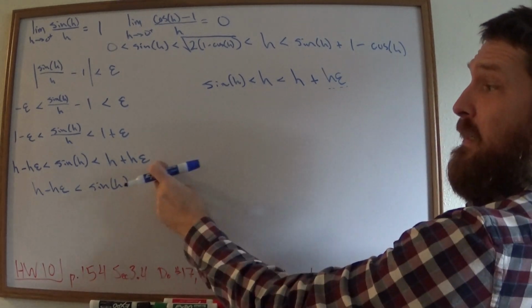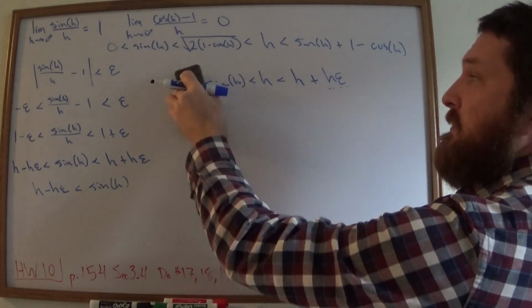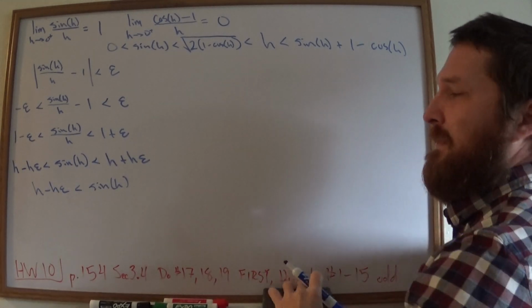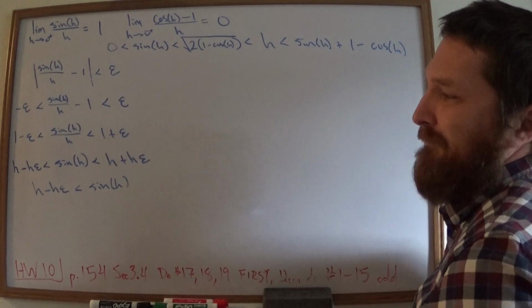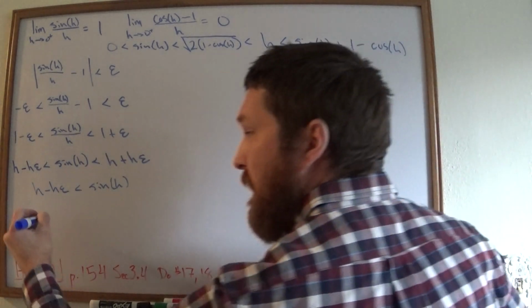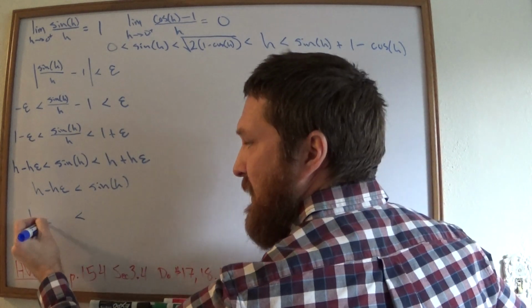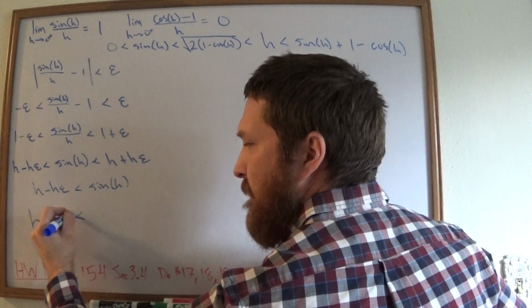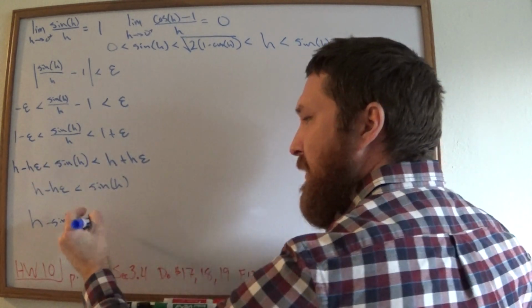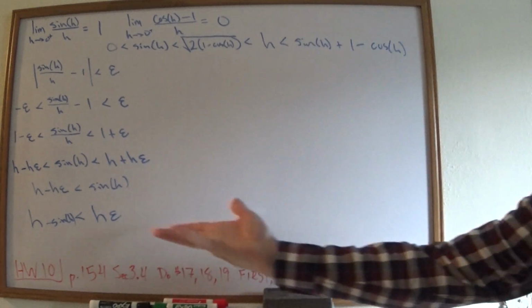Now, on the other hand, it doesn't matter what h is. It's always going to be true as long as h is some positive number. That's cool. What about this? Can I show that that's true? Well, yeah, good luck. Maybe I'll monkey around with this a little bit. Maybe I'll take the sine over to this side, so h minus sine h, and I'll bring this guy over, h epsilon. Now here's the question, can I show that this is true?